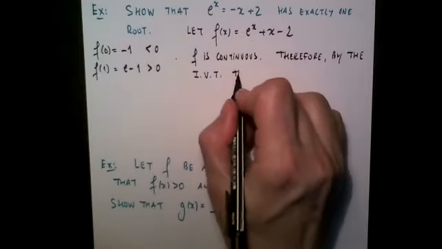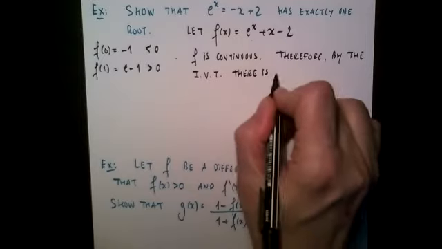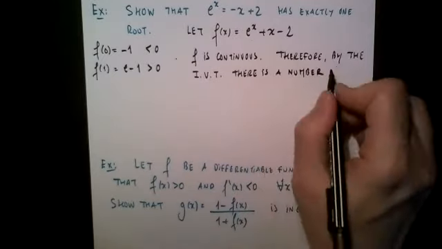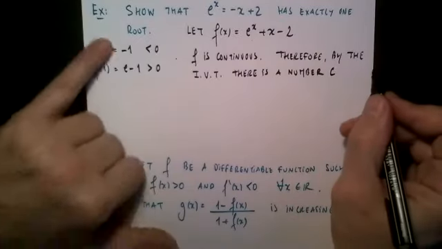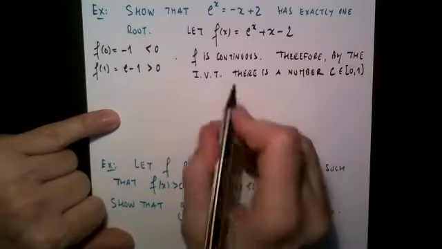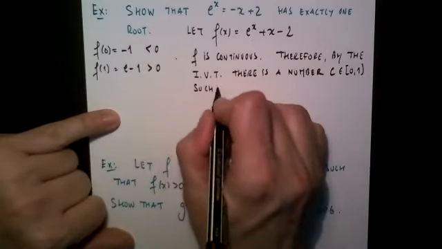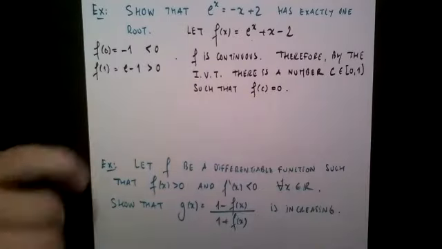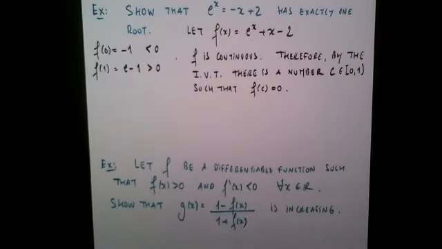There is a number, any c in between 0 and 1, such that f of c is 0. Okay, so I just showed that the function has at least one root. And that this root is between 0 and 1 for sure. Any questions until here?